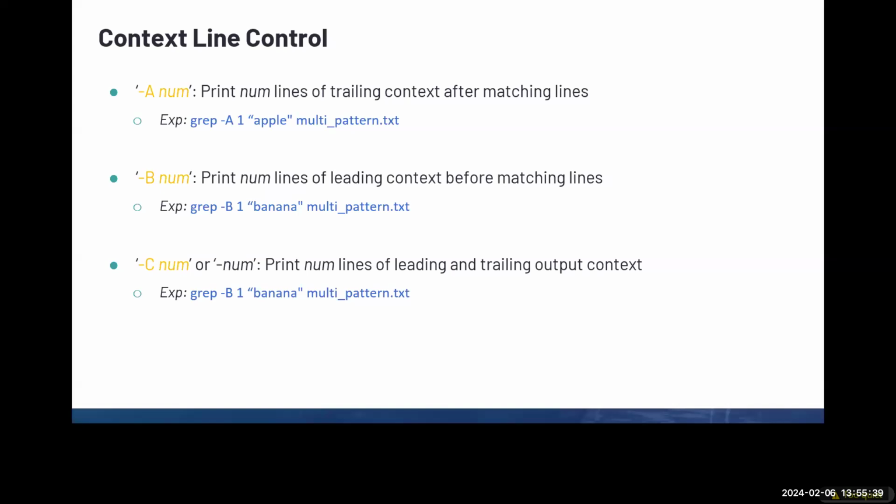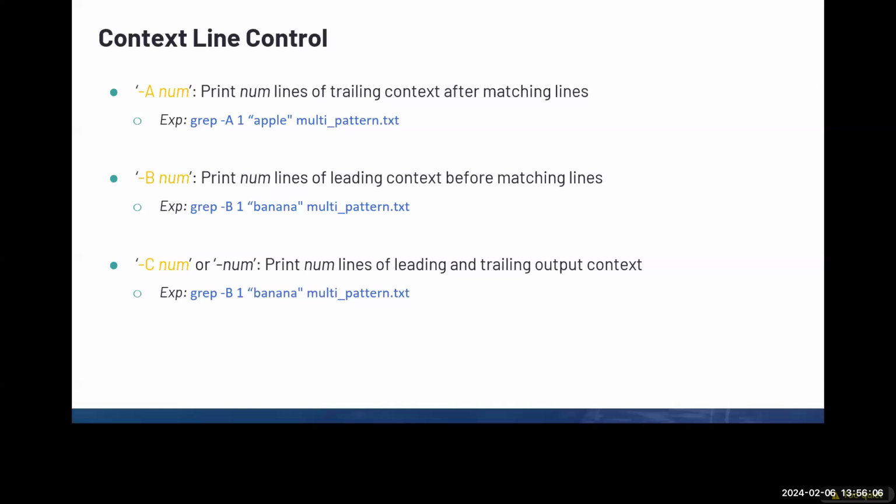Same concept for B, but it will print the lines before the matching lines. C is the B and A together. So if we have grep -C1 banana, we are printing the matching line, one line before and one line after.